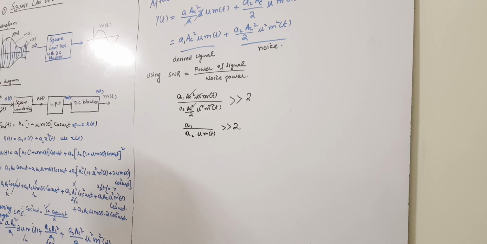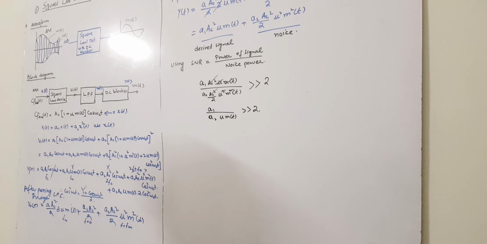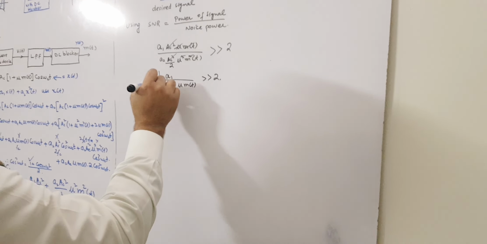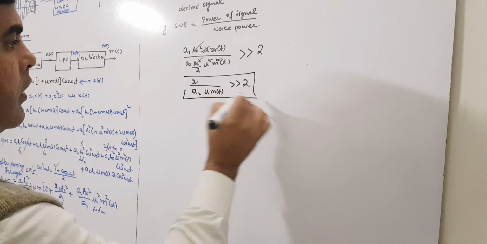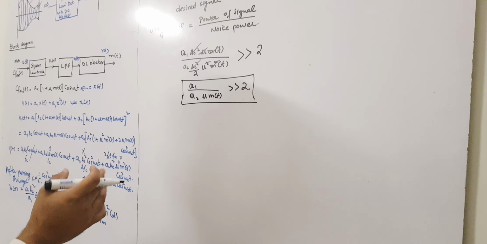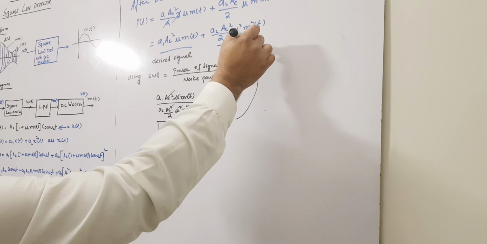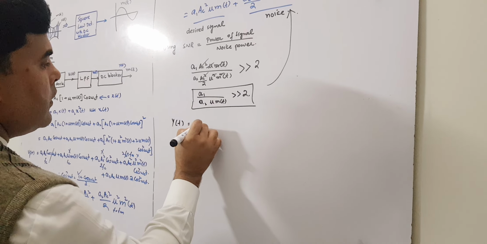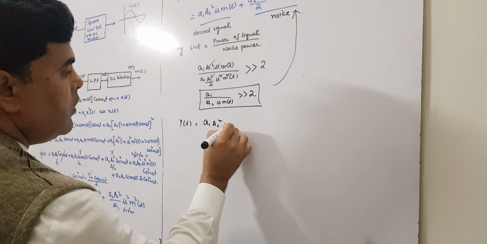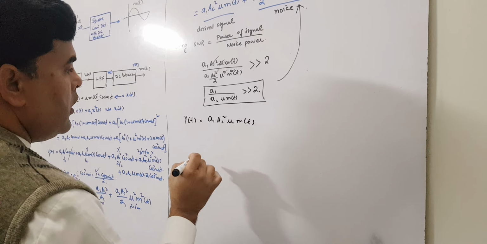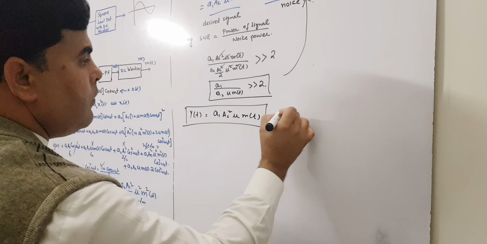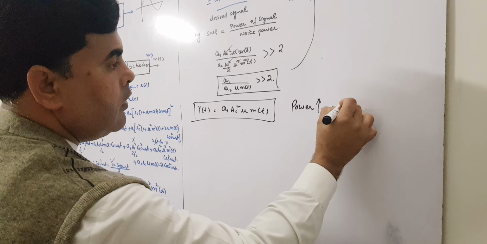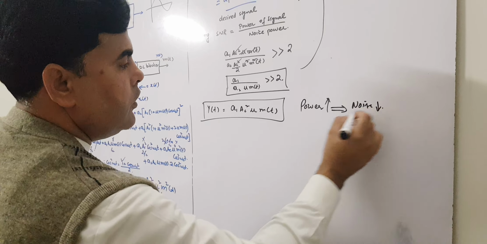So it means that mu should be much less than 2. So by varying this criteria, you can minimize the noise, and then you will end up with the desired signal, that is A1 AC square mu of m t. So if you maximize the power, it means that you are minimizing the noise.